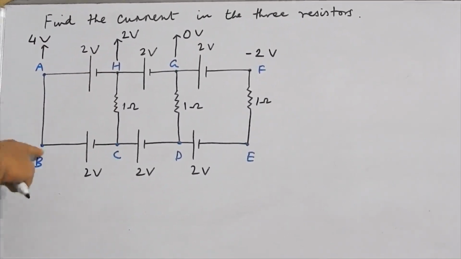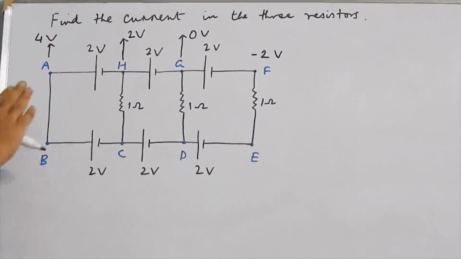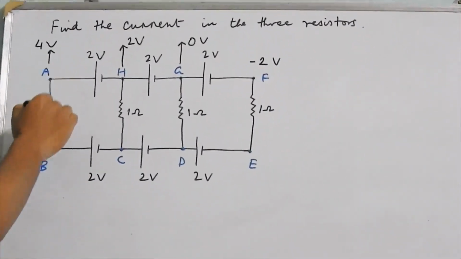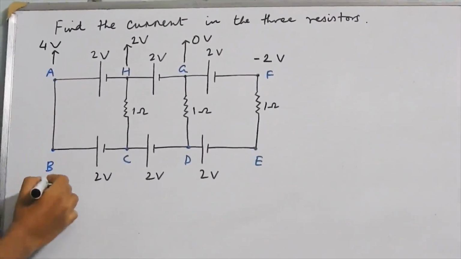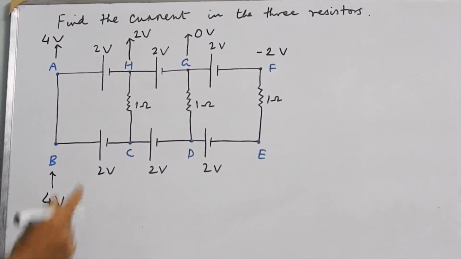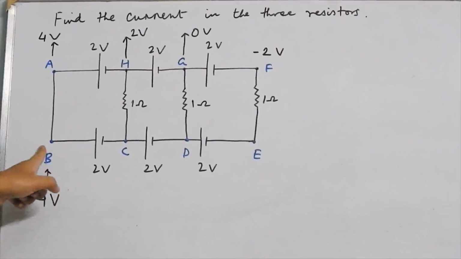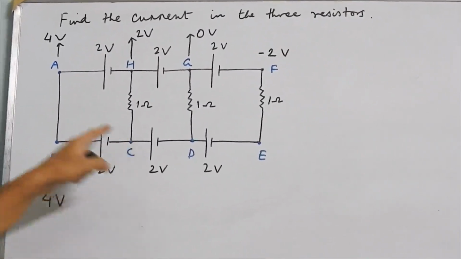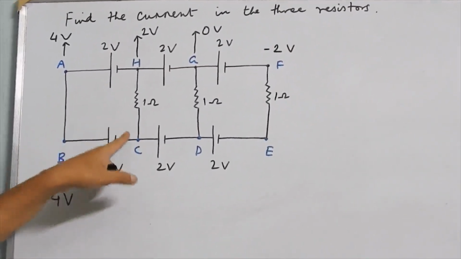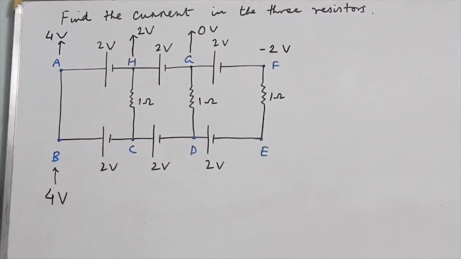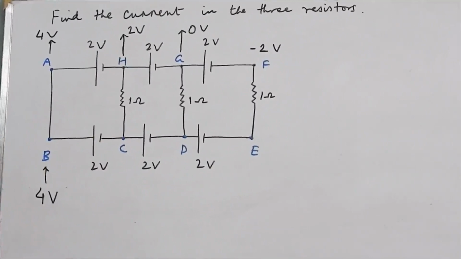Now from A to B there is no resistance, there is no electrical component. So the potential will remain same up to this point. So this point B is also at 4 volt. Now with respect to B and C, B is at higher potential, C is at lower potential. Because this is the positive terminal of the battery, this is the negative terminal. As there are no resistances connected, the effective potential difference between B and C should be 2 volt.